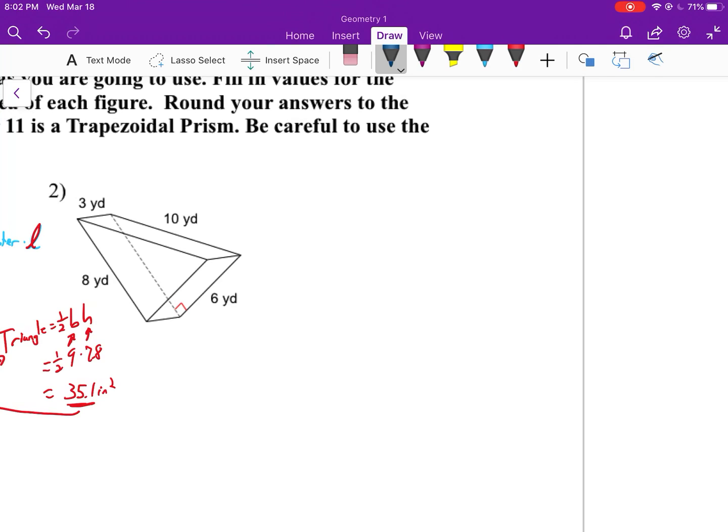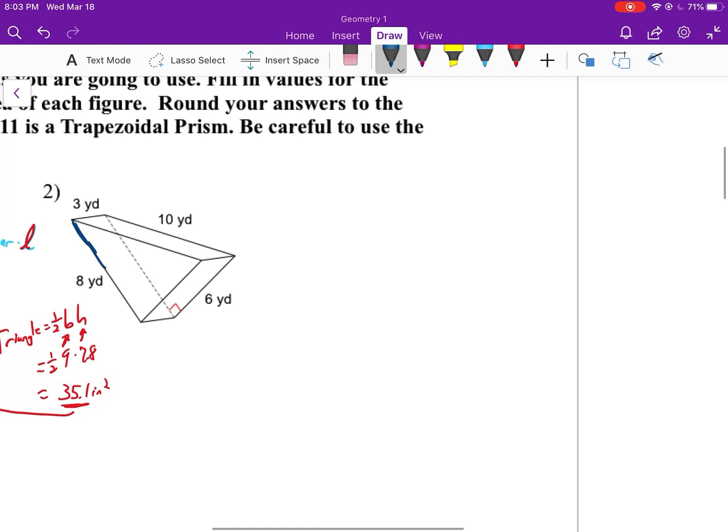Number 2. The reason number 2 might be a little confusing is because the way it's oriented there, it's not resting on its base, it's just sitting there. So we have to remember our definitions. This one here is a triangular prism. A prism has 2 parallel bases. I'm going to try to trace them here. Here's parallel bases that are congruent.